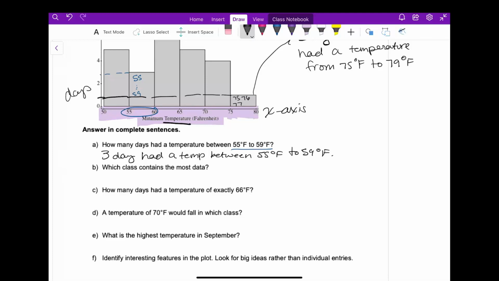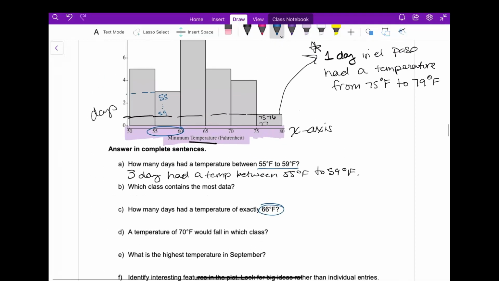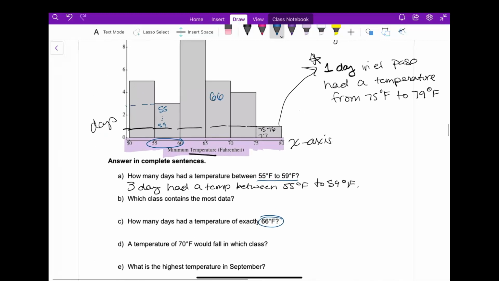Which class contains the most data? This is kind of similar to the bar graph. So I had given you a clue about the bar graph. How many days had a temperature of exactly 66 degrees Fahrenheit? Where would I find 66? 66 would be in here somewhere. But let me tell you this is why I picked to answer this question.